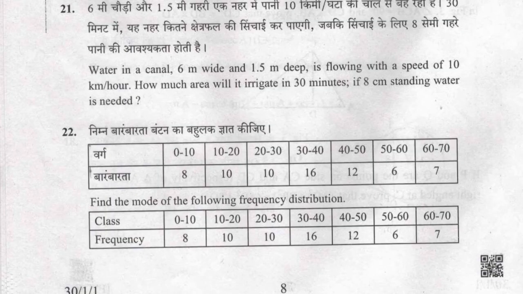Now the last question of this section. In this we are given a table of frequency distribution and we need to find the mode for this distribution. We have the class and the frequencies. The class intervals are 0 to 10, 10 to 20, 20 to 30, 30 to 40, 40 to 50, 50 to 60, and 60 to 70.